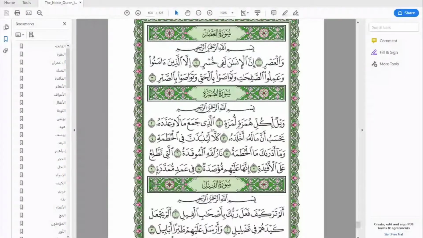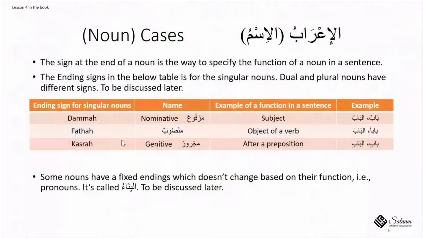So it has to be humazatin. That's the idea: changing the sign at the ending of any noun means that the meaning is changed. And it's really important to have this in mind. We are going to go to the sentence and the types of sentence and everything, inshallah.